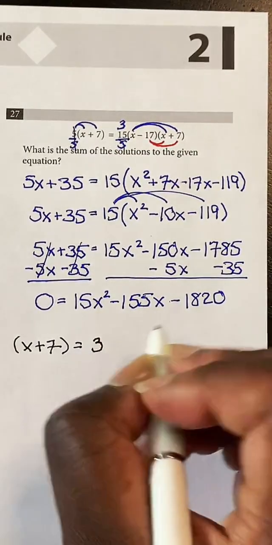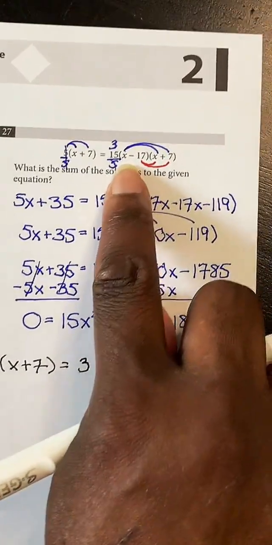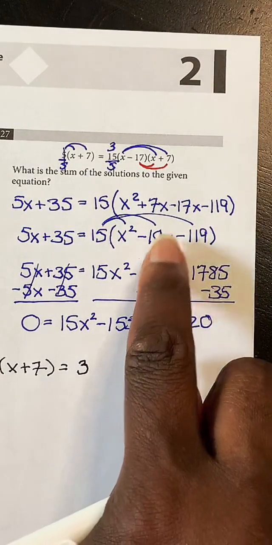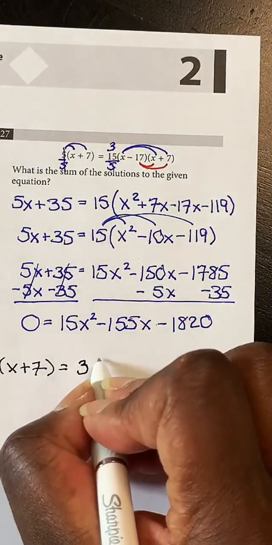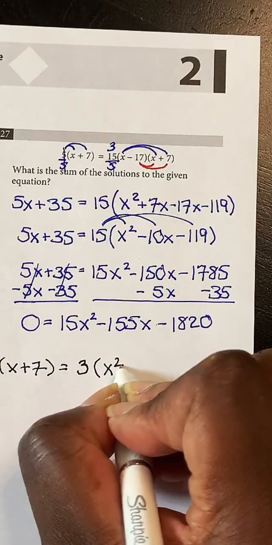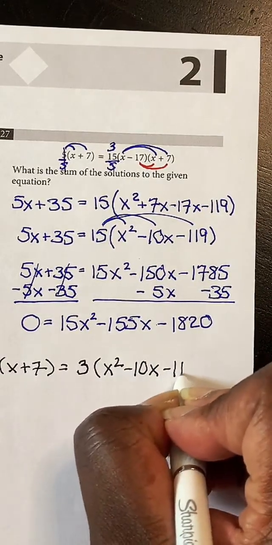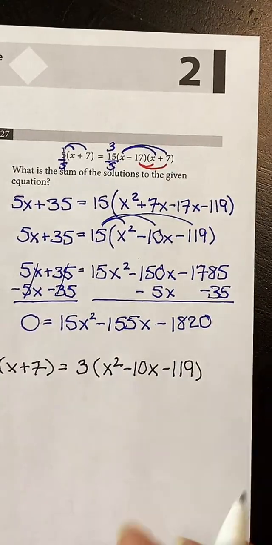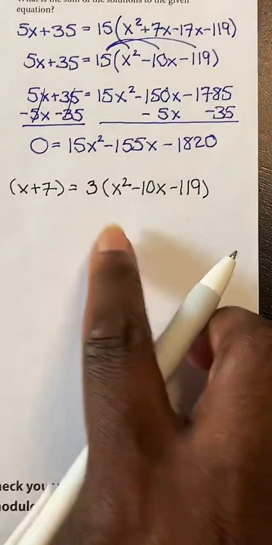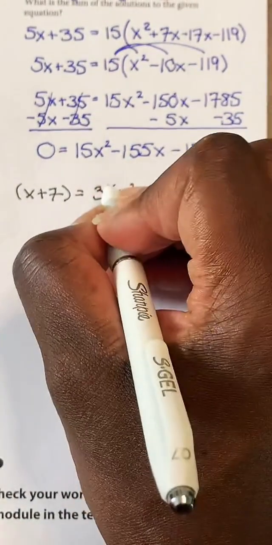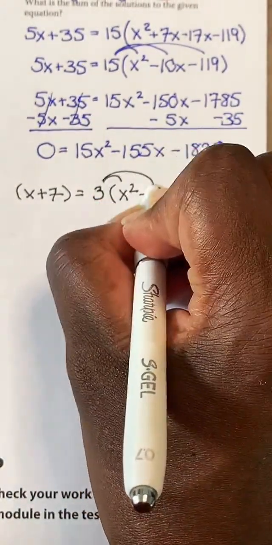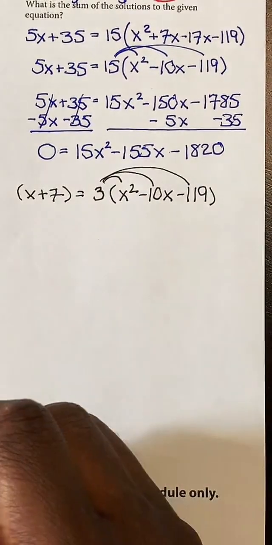Then you have your 3, but we're still going to FOIL this. So what we got here from the foiling, that's still there. So you're not dealing with crazy large numbers. From here, I can distribute the 3 to everything.